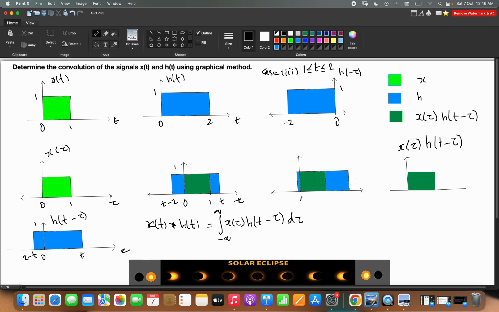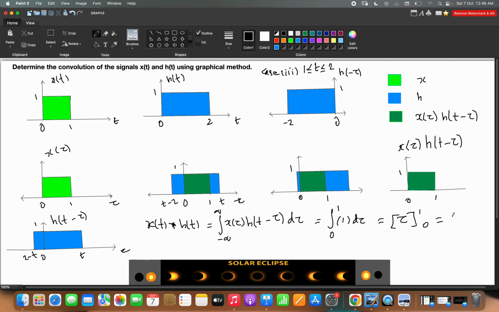Here the starting point of the overlapping region is 0 and the ending point is 1 and the amplitude is equal to 1. So you can change the limit as 0 to 1, and the product of x of tau and h of t minus tau equals 1 in this region, and the integrating variable is tau, so d tau, and this can be done as tau with upper limit 1 and lower limit 0.